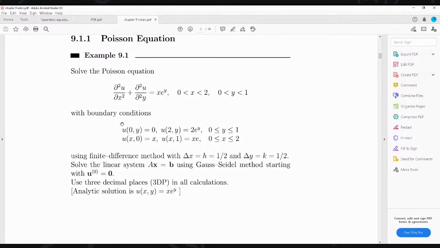Then the boundary condition: when x equals 0, u is equal to 0. When x equals 2, u is equal to 2 y e^y. When y equals 0 and y equals 1, u will change to x and x e.